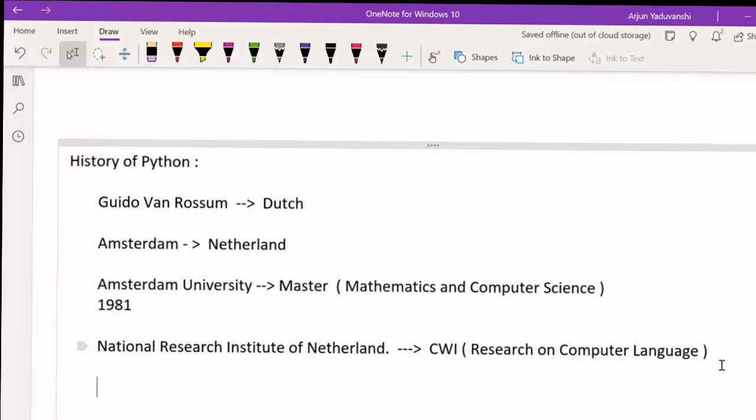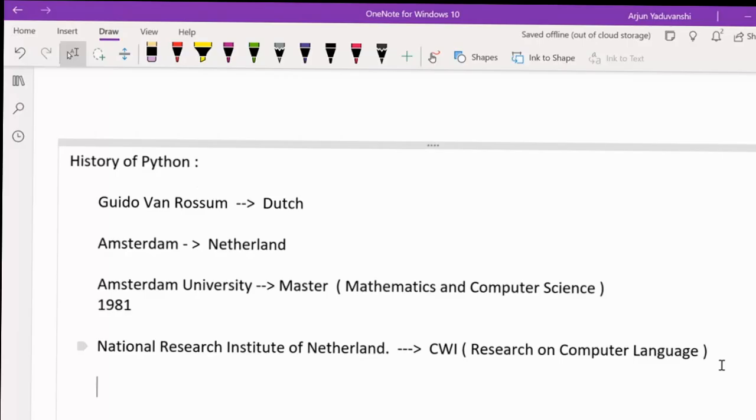The UK, France, Germany, the Netherlands, the US, all these countries. The US was far ahead, but they also wanted a programming language of their own. So the Netherlands also started building a programming language.